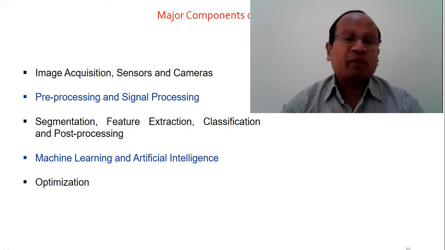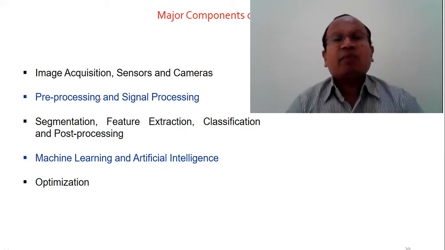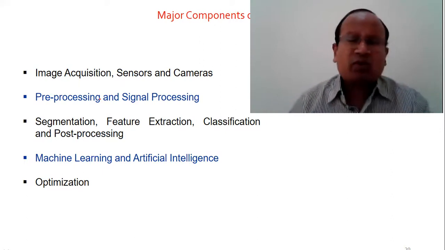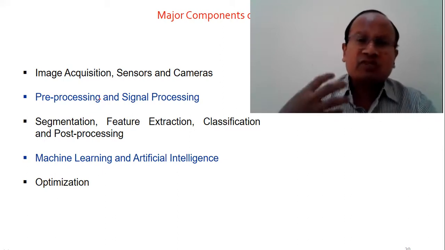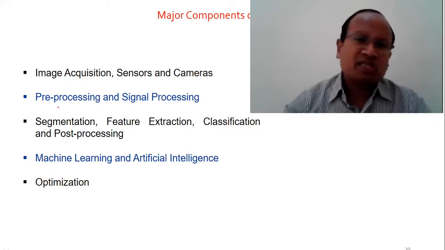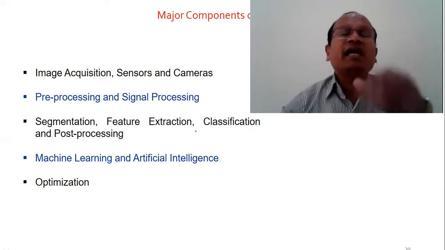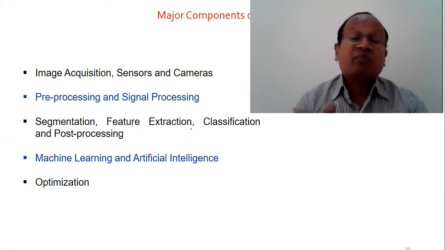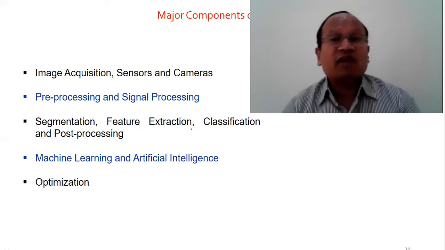Therefore, the data has to be pre-processed. Then appropriate signal processing, maybe filtering, converting into a transform domain, and so on. Mathematical operations are to be performed. So signal processing comes into the picture, then segmentation, feature extraction, classification, and then, based on the classified data, the segmented data, and a suitable number of extracted features, the post-processing will take place.